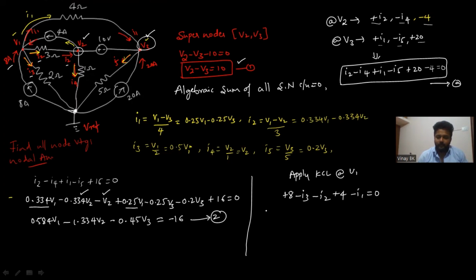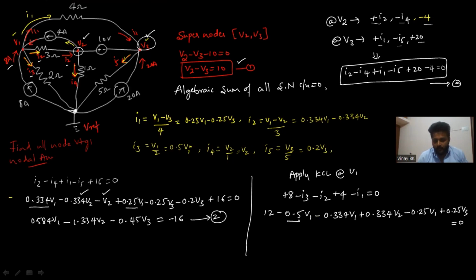So 8 plus 4 is 12. 12 minus I3, which is minus 0.5 V1, minus I2, which is minus 0.334 V1 plus 0.334 V2, minus I1, which is minus 0.25 V1 plus 0.25 V3, equals 0.